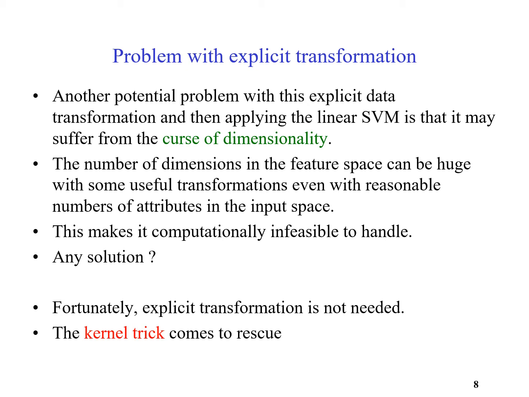Then if we have two attributes, two dimensions, the number of data now becomes 10 times 10, which is 100, right? To keep going, if we have 10 attributes, then the number of data is 10 to the 10th, which is 10 billion, I think, right?